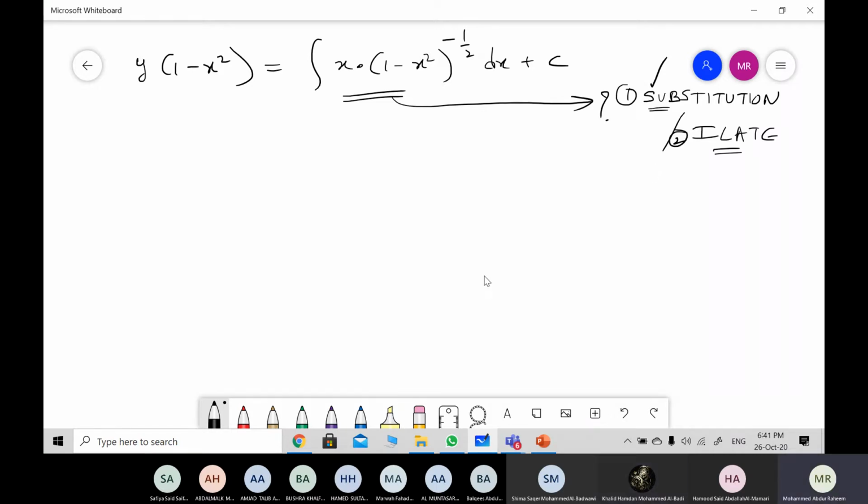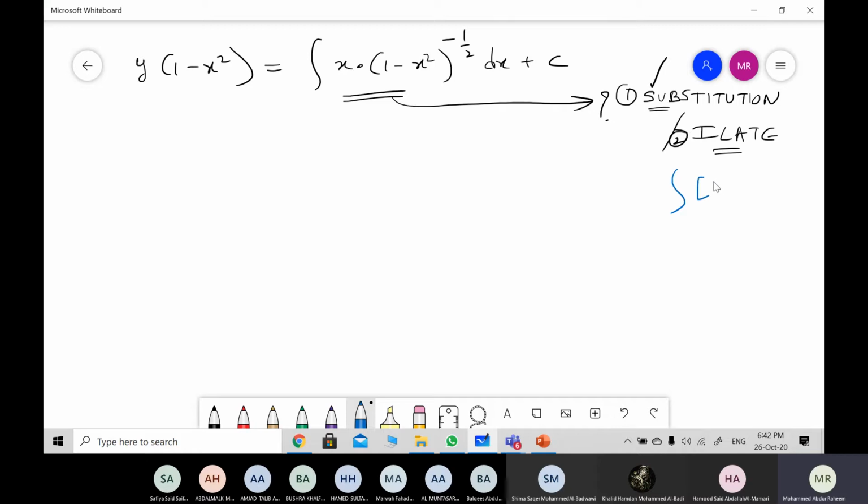Come on, what is the substitution? Please. What is the substitution? Again, see, actually you need to sharpen your mind. Sharpening your mind means you need to go through the integration and differentiation videos and you should be thorough with the rules.